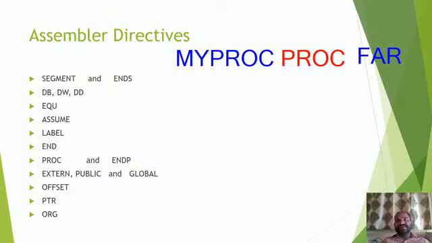This keyword indicates whether the procedure is in the present segment or in some other segment. If we have NEAR, then it is in the present segment where you are working, and if we use the keyword FAR, then the procedure we defined is in some other segment, not in the present segment.